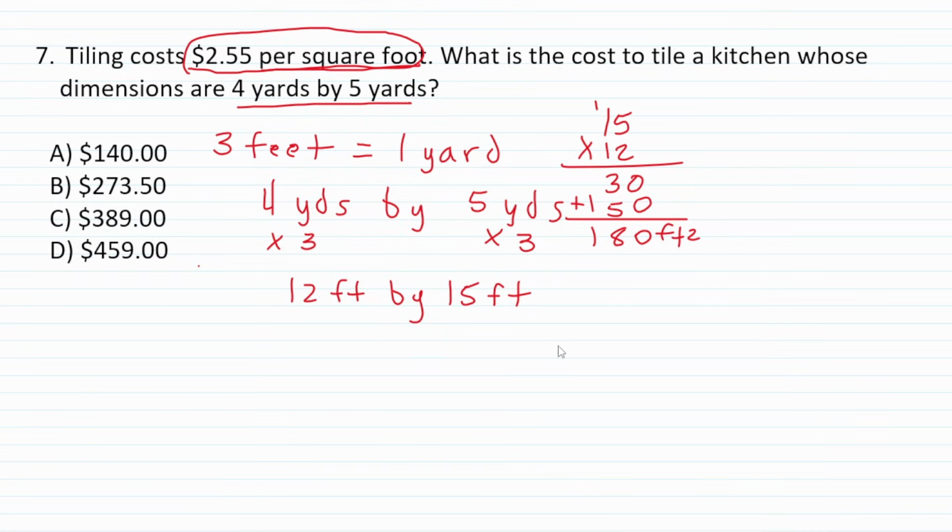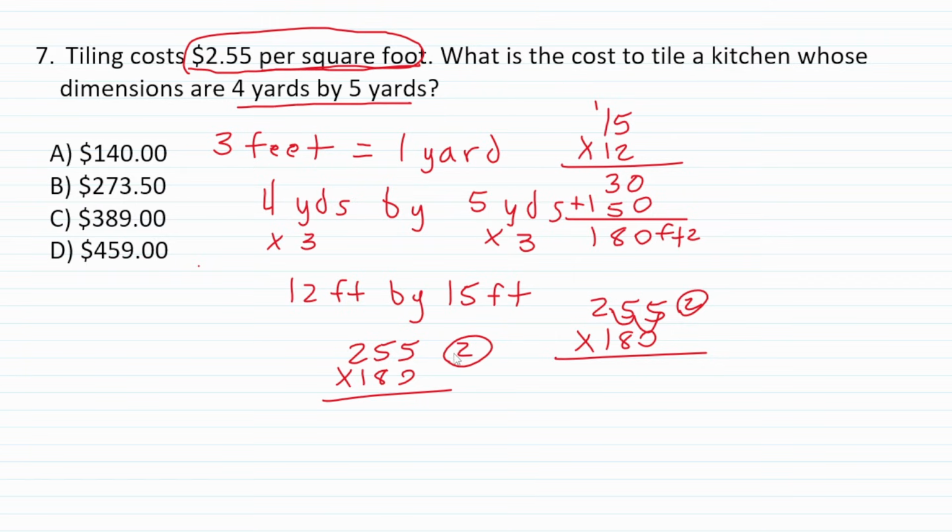To calculate the total cost, we're going to do 255 times 180. We've got to move our decimal place 2 times to the right to make this 255 with no decimal times 180. And then once we work that out, we'll move our 2 decimals back in. This whole top row is going to be zeros.